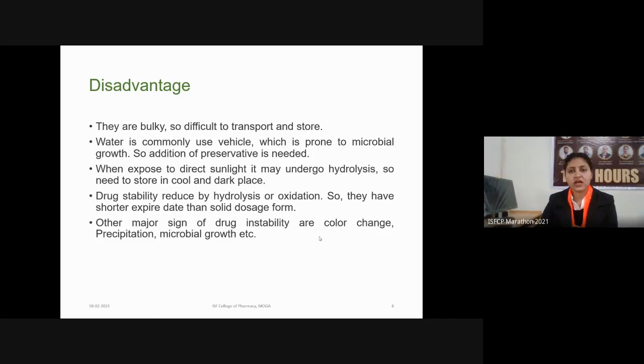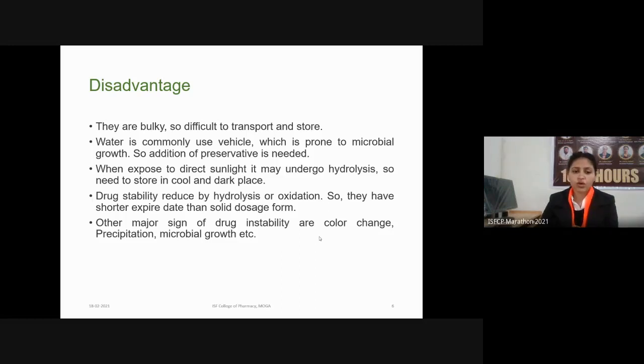We can easily preserve solid preparations and prevent direct contact of the medicament in the solid dosage form with the environment by coating them with a polymer. But this is not the case with liquid dosage forms.